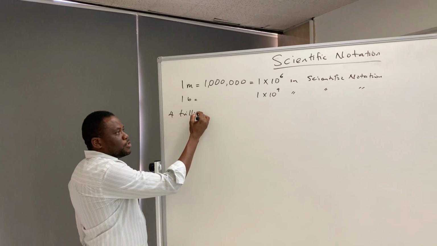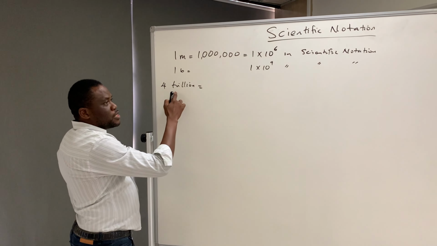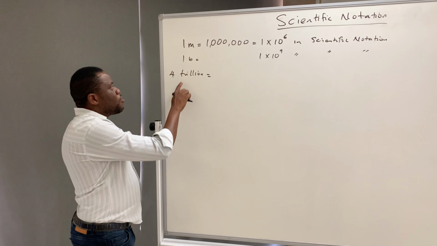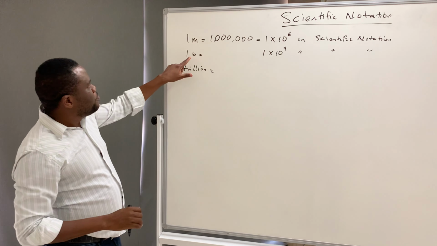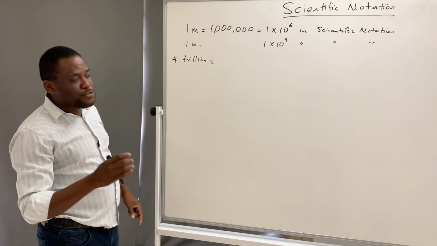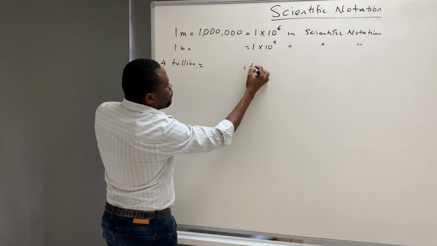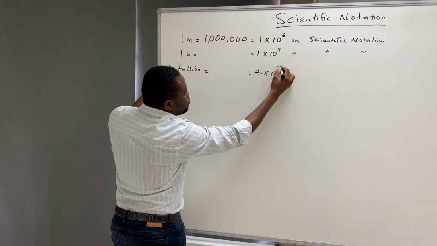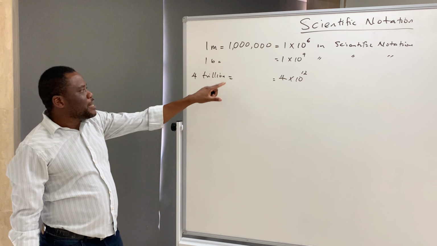Billion has 9, trillion has 12. So this is 4 times 10 to the power of 12. So we take the number and the number of zeros.